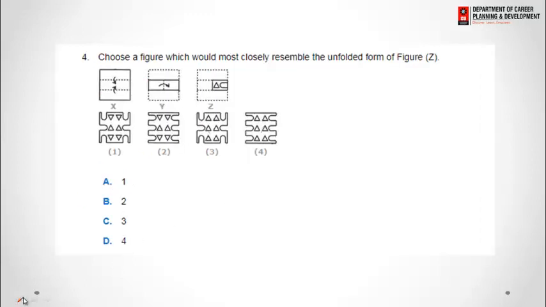Now in question number 4, what we have? Firstly we fold the figure from both sides, meaning upside and downside. Then after this we fold the figure in a vertical direction, and then in the Z figure we make a cut something like this.